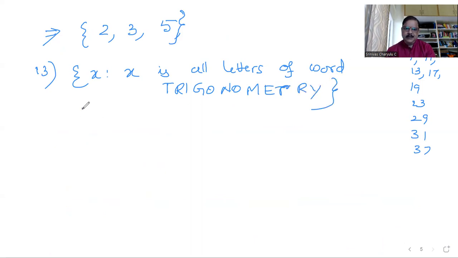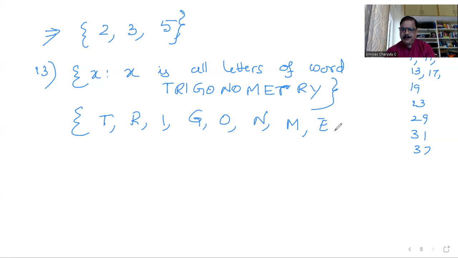So now it's very simple for you. We are now doing set builder to roster. Please understand this. T, R, I, T can write comma, R is there, I is there, G, O, N. After N, O is there again, repeating not required. M we can write, E we can write, T not required, R not required, Y you can write. This is the answer.